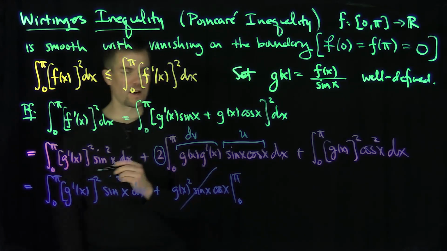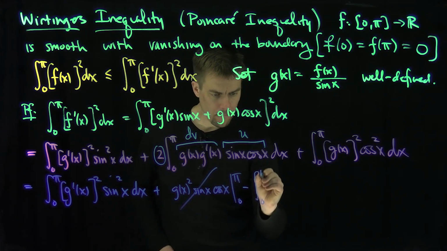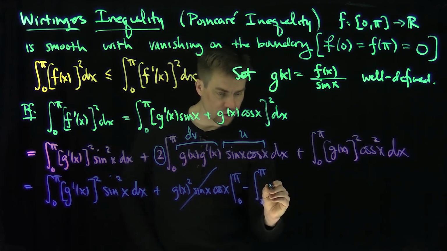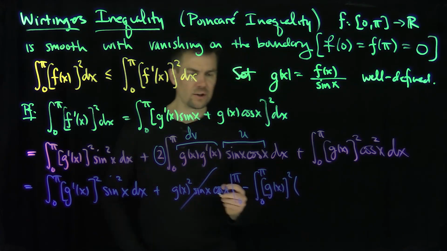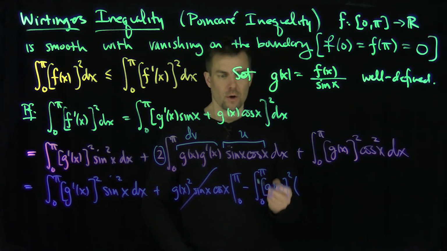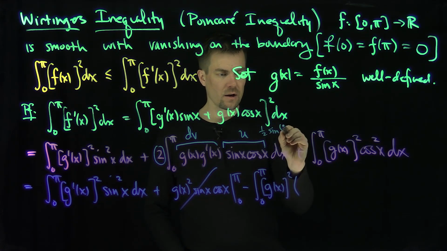Those terms are going to vanish, obviously. And then minus the integral from 0 to pi of v, which is g of x squared, and then du. The derivative of u, well, u is really just 1/2 sine of 2x.